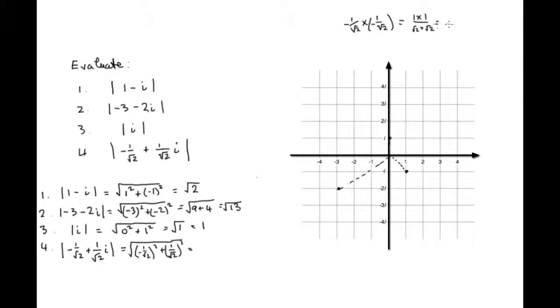And by definition, root 2 times root 2 is 2. 1 times 1 is 1. So we get 1/2 for that. Similarly, 1 over root 2 times 1 over root 2 again is 1/2. So we get the square root of 1, which is 1. So the complex number negative 1 over root 2 plus 1 over root 2 i lies about there, at a distance of 1 from the origin.